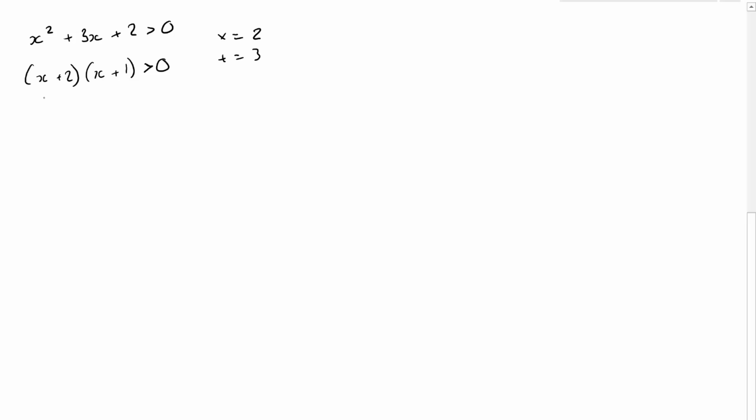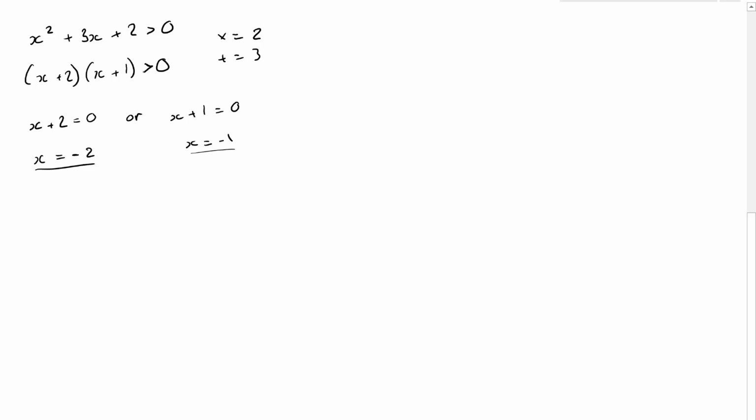So in this case, x plus 2 would be equal to 0, or x plus 1 is equal to 0. Because of this, we can solve this, so x equals minus 2 and x equals minus 1. But remember, these would be our solutions, but now we have to introduce these symbols.